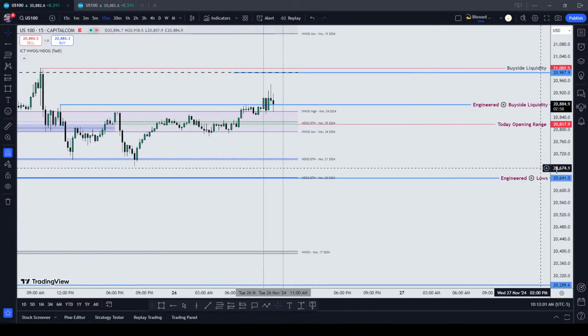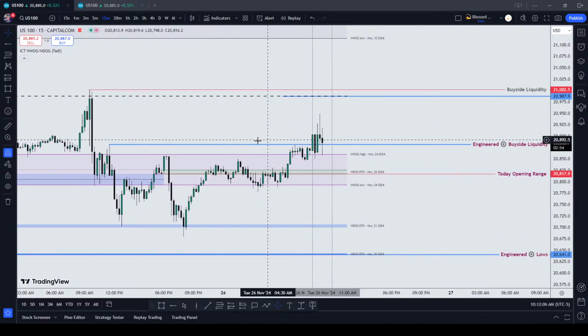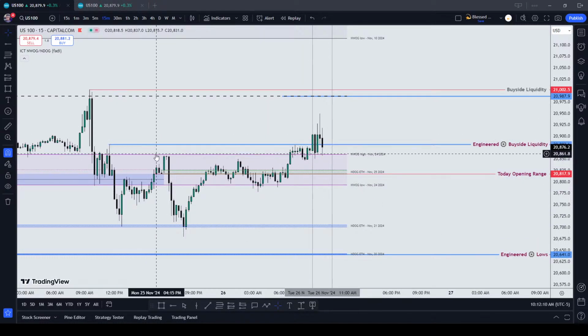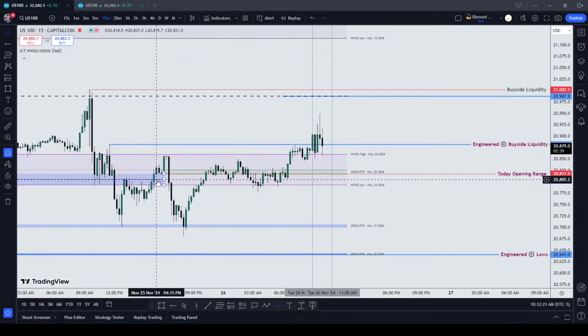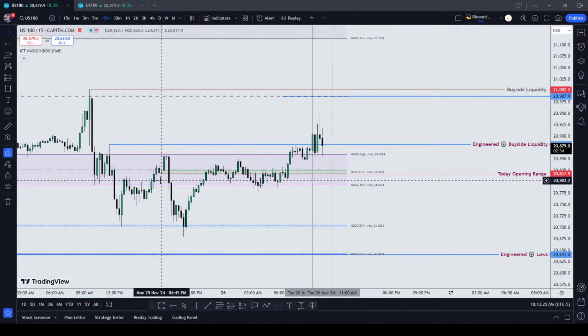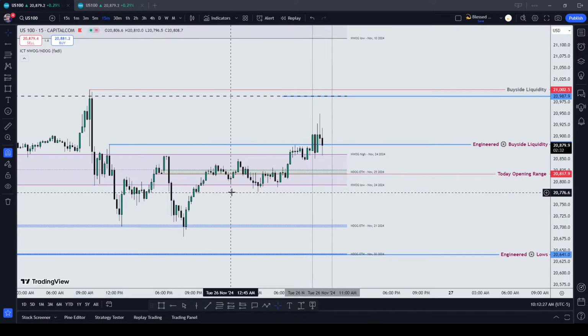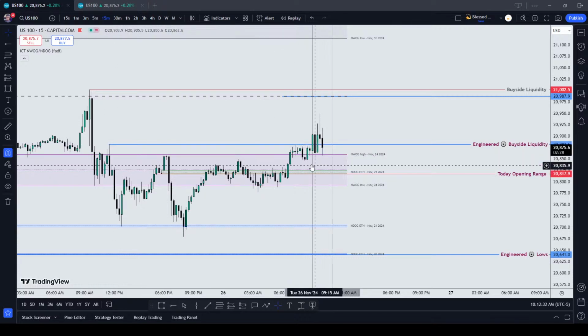At this point in time here, and also here, price did what? Actually created relatively equal highs right here. Let's assume that on this day right here we have a very perfect market.